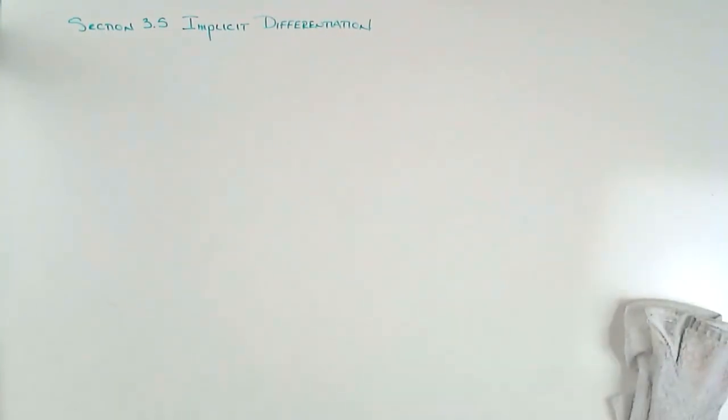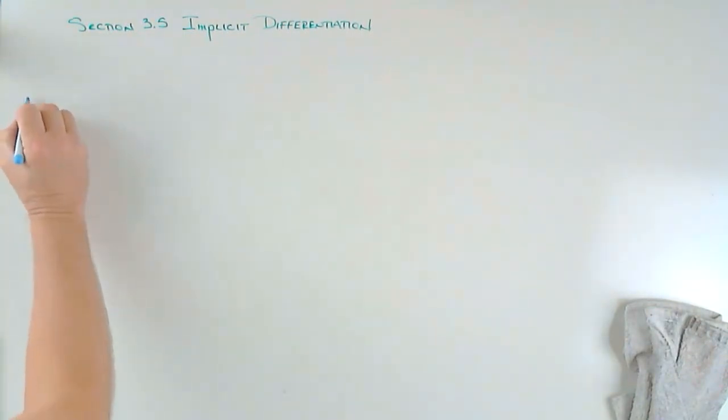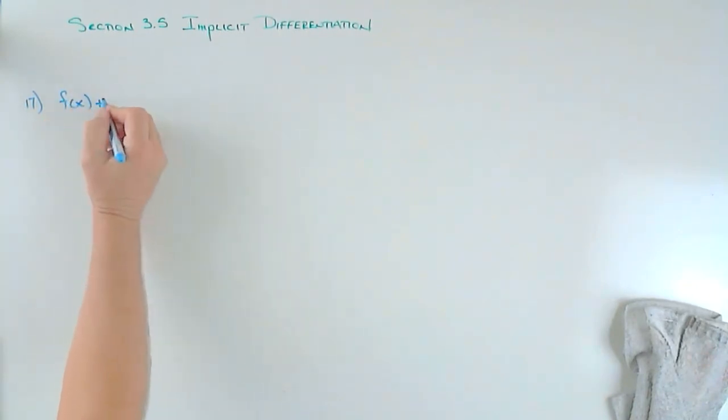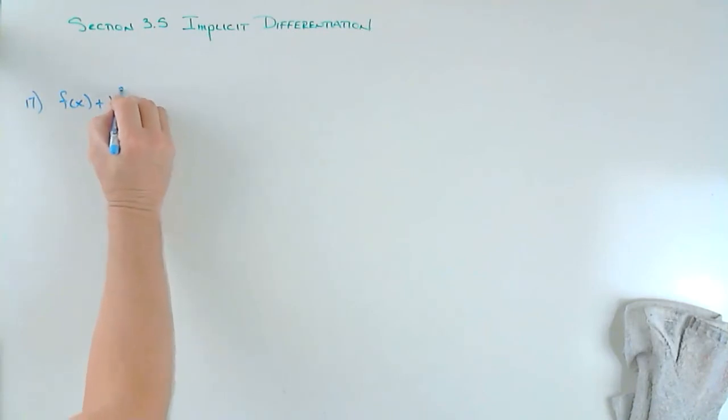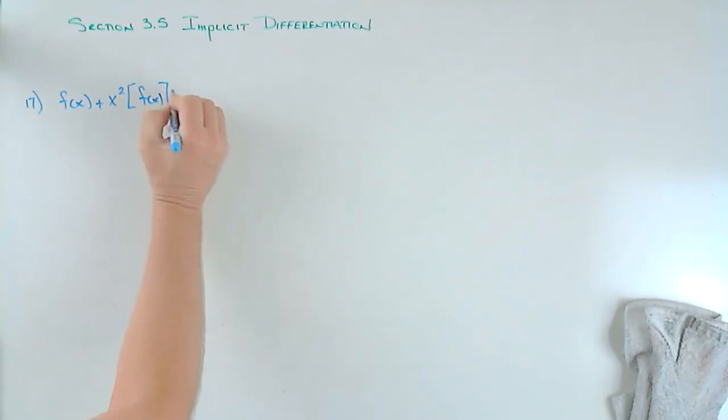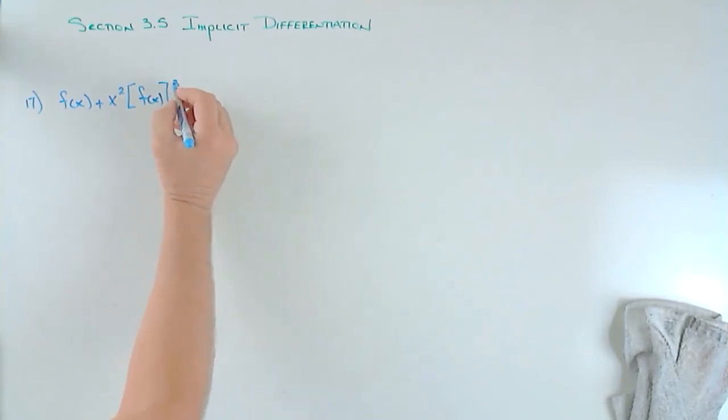So let's take a look at something like 17. 17 says we're given f of x plus x squared times f of x cubed equals 10.